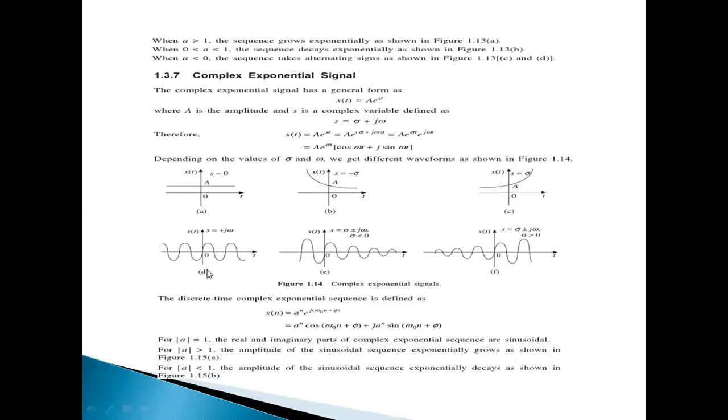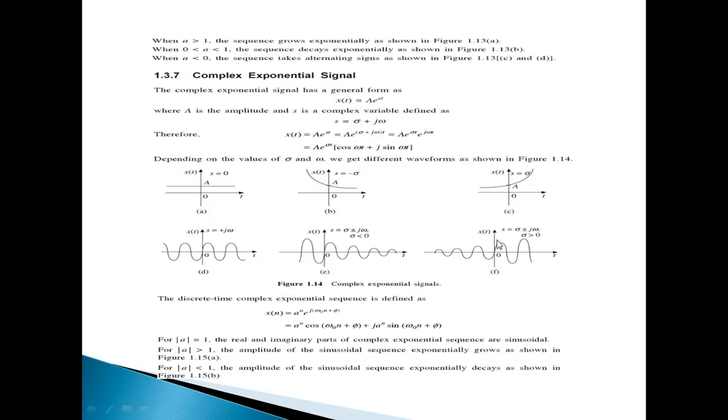See here. For magnitude of a is 1, the value is 1, it has only the exponential signals. The real and imaginary parts of the complex exponential sequence are sinusoidal. See here, the sinusoidal we got. For magnitude of a greater than 1, see this is figure F, the amplitude of the sinusoidal sequence exponentially grows.